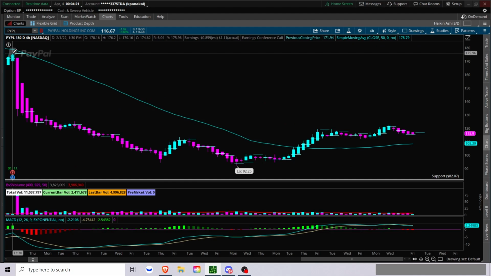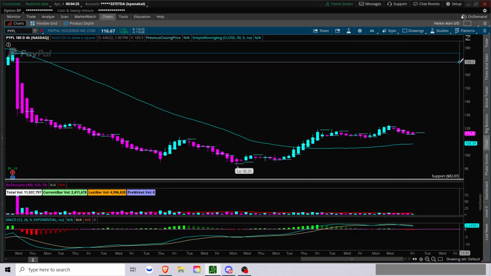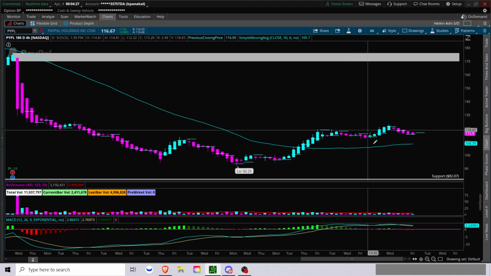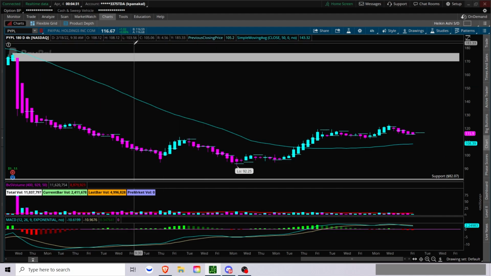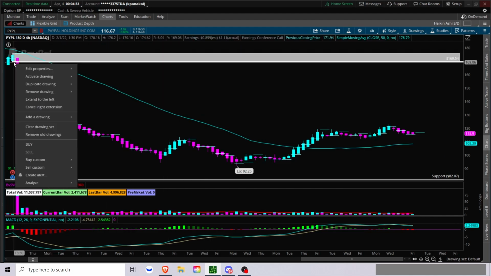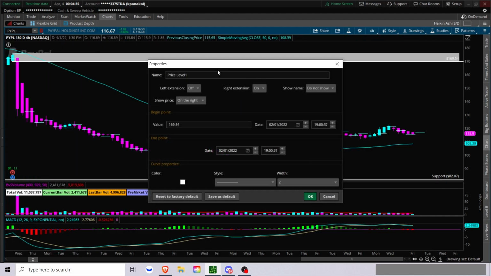We'll plot the supply zone right here, and label it really quickly. Let's see, when did this supply zone start?